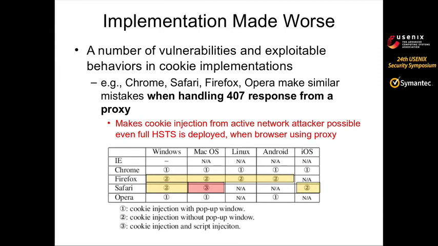We also looked at cookie implementations, and we found a number of issues that make this problem worse. For example, major browsers like Chrome, Safari, Firefox, and Opera make a similar mistake. When they handle a 407 response from a proxy, they accept cookies.